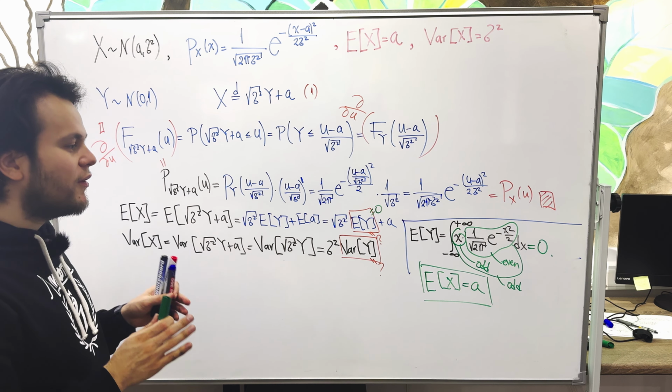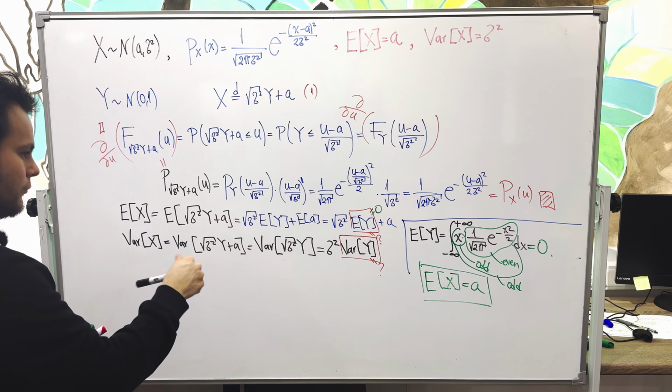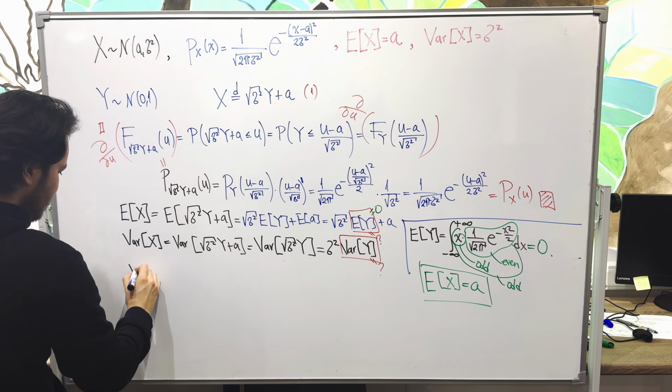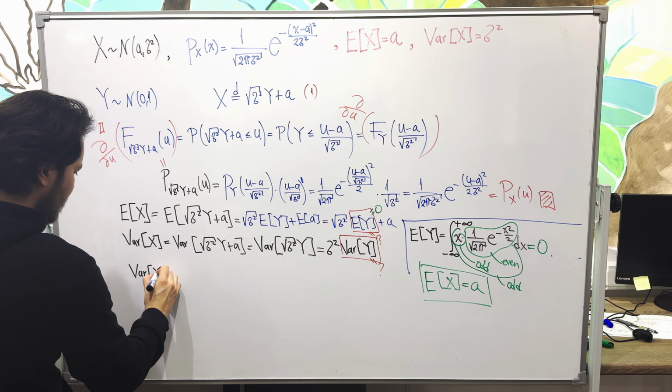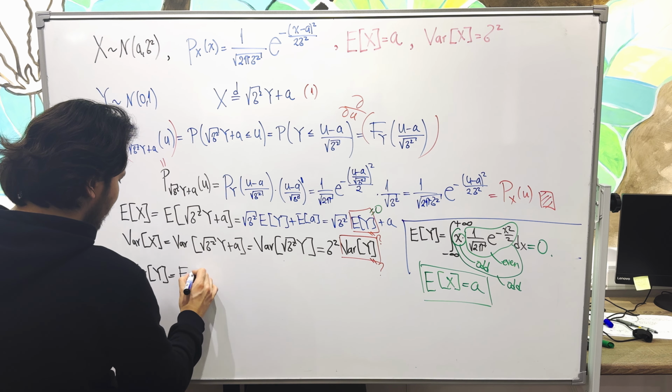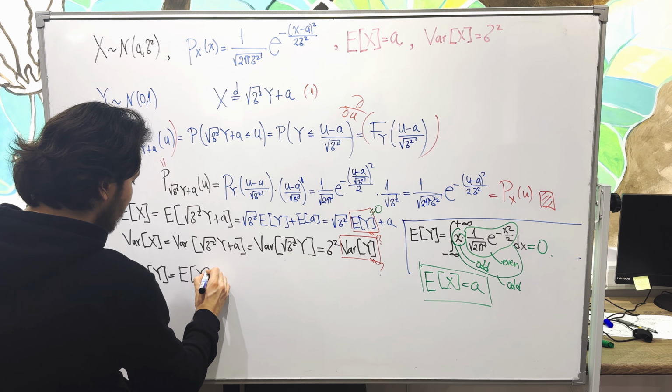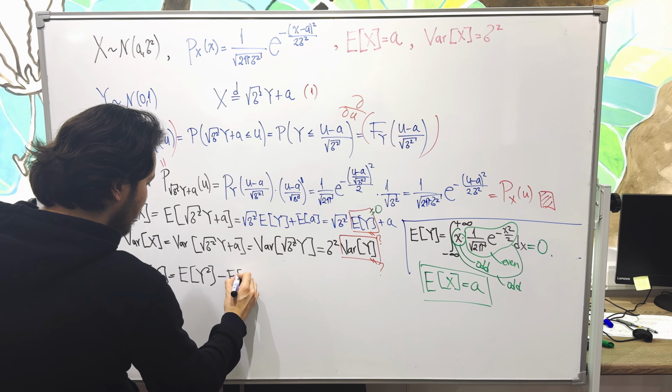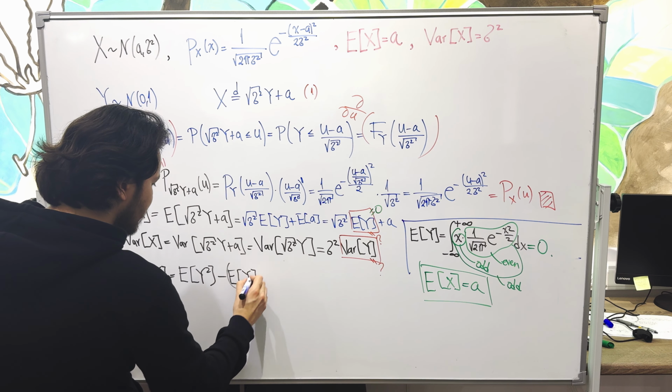So how do we compute the variance of y? We just have to use the formula for the variance that we know for any random variable, right? This is the second moment of y, or the expected value of y squared, minus the expected value of y, and all of this is squared.